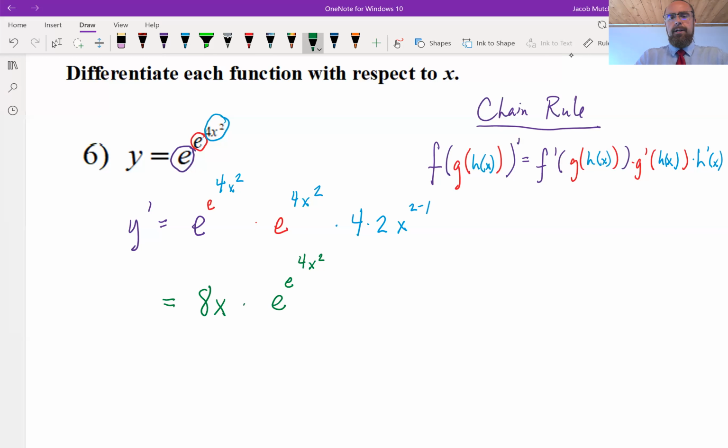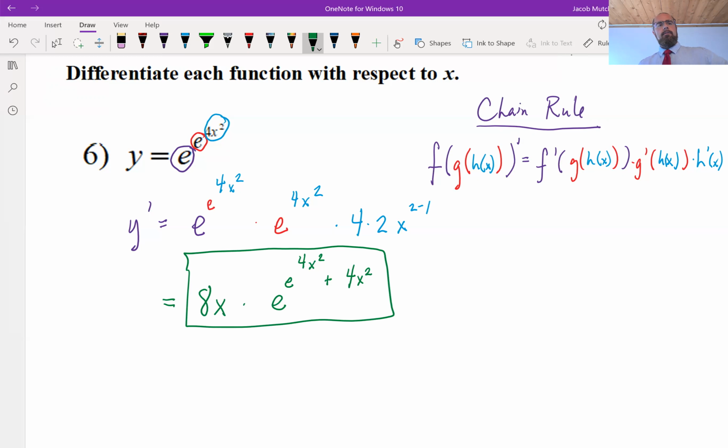And then instead of writing another times base e, I'm going to use the exponent rule to combine those as plus 4x squared. And that's my derivative of that threefold composition. So that example took a double application of the chain rule to get us there.